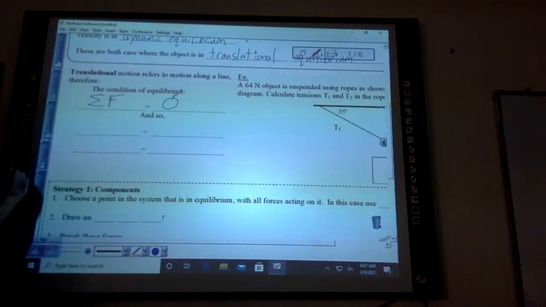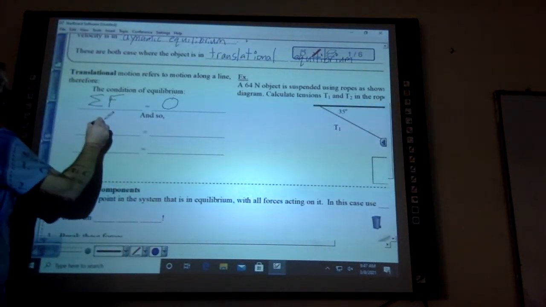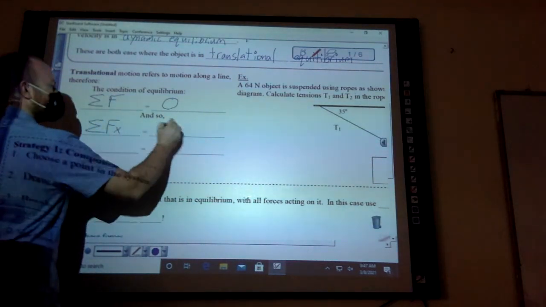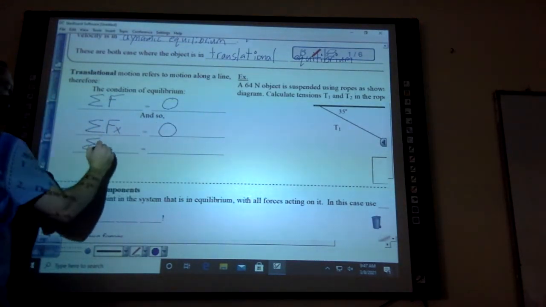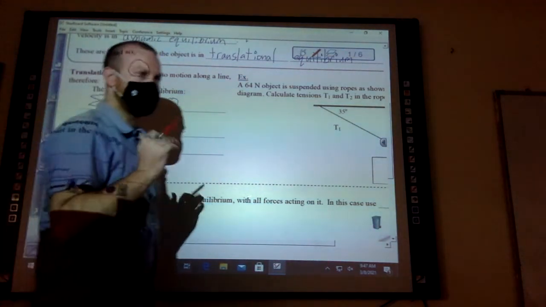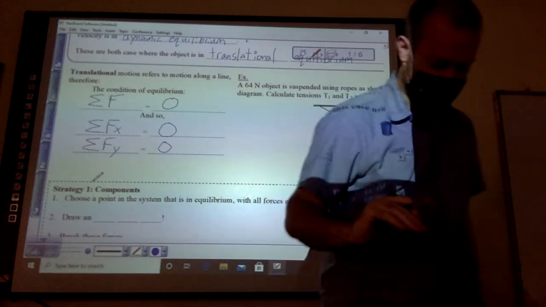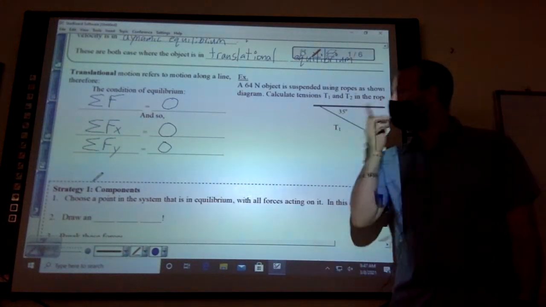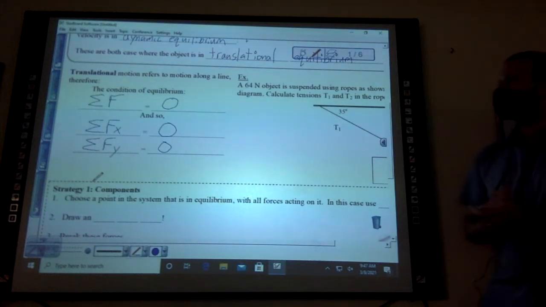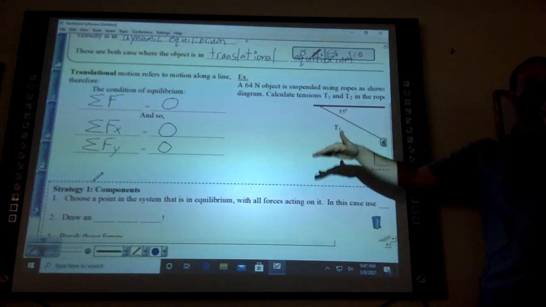If the total force is 0, then the sum of all the forces in the x direction equals 0, and the sum of all the forces in the y direction equals 0. So these are two subsections along with that same equation. So we can deal with either everything all together in one go, or deal with the two components.